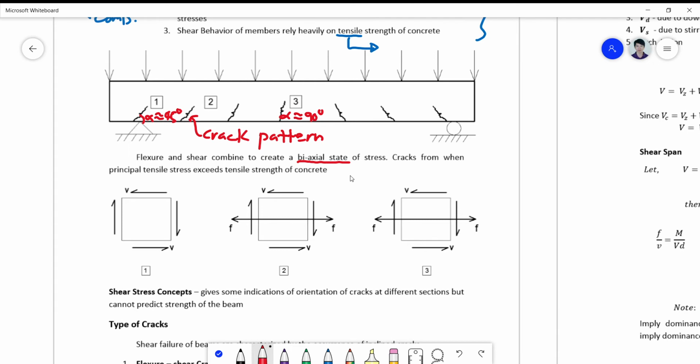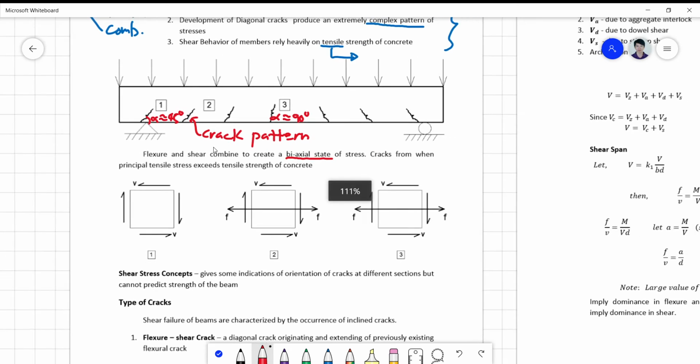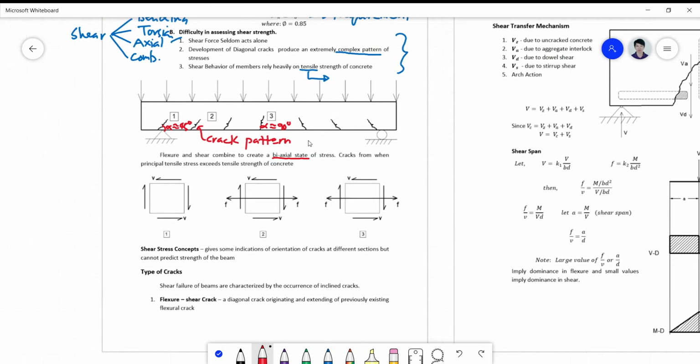So for example, if we are going to look into the free body diagram of a beam, in terms of the load, shear, and bending moment. If this is now your beam load diagram, we have the shear diagram and the moment diagram.